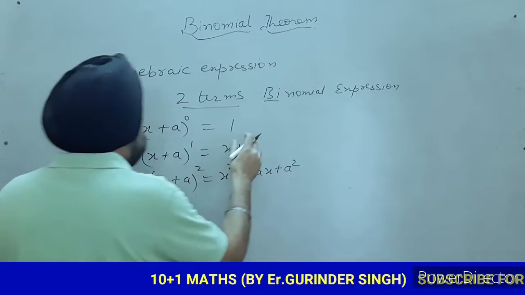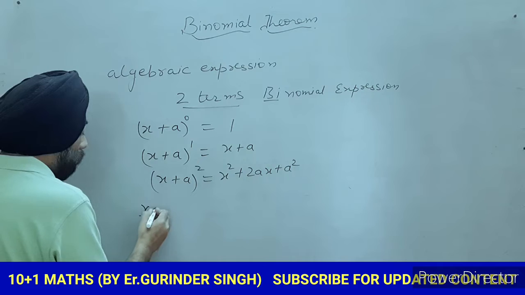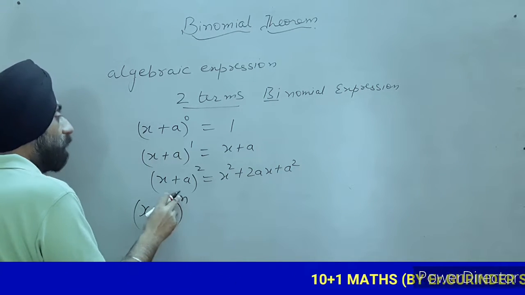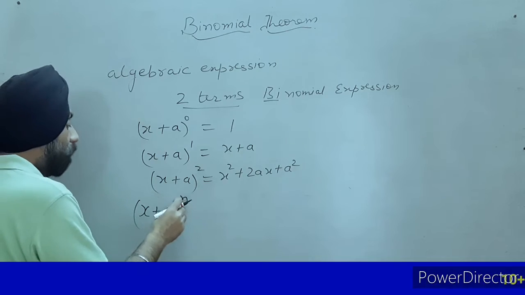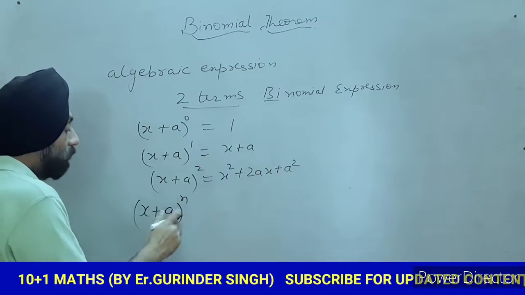Now this binomial theorem is used to expand x plus a raised to power n, where n is any positive or negative number, right? It is called an index. N is the index.